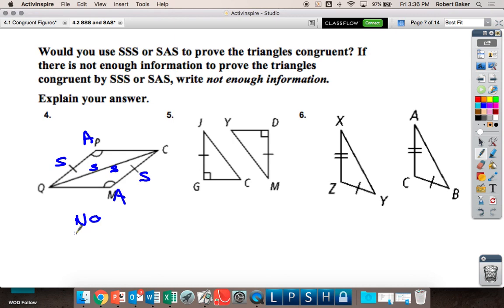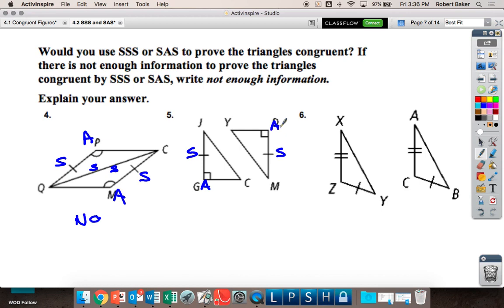Okay, what about this guy? What do you have? We have that side right there, and we have that angle right there. And then you have that side from G to C, that's a side. I agree that it is a side, but is it the same as anything else? It has to be. Because there's rules.